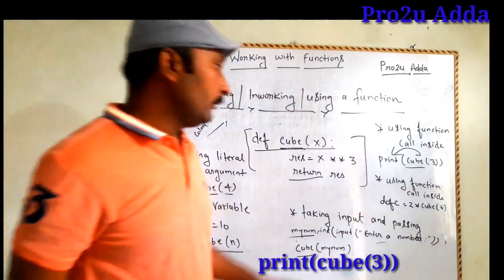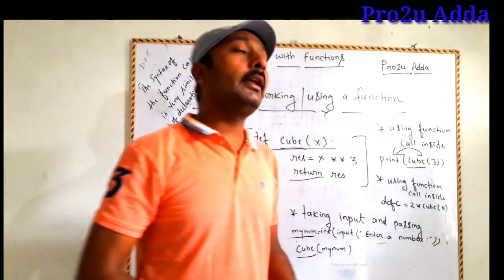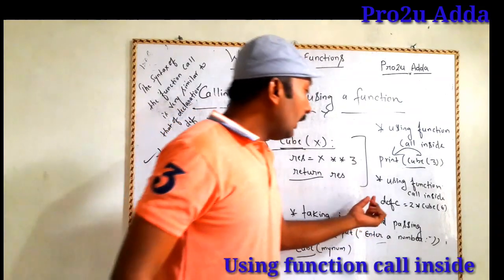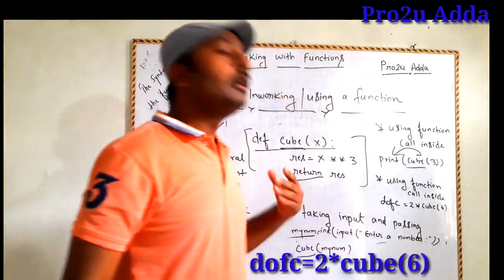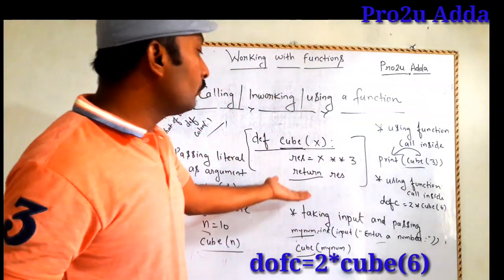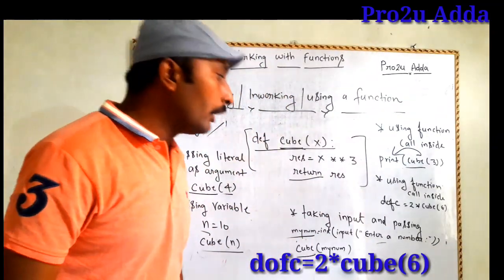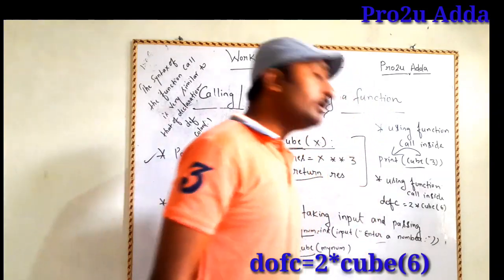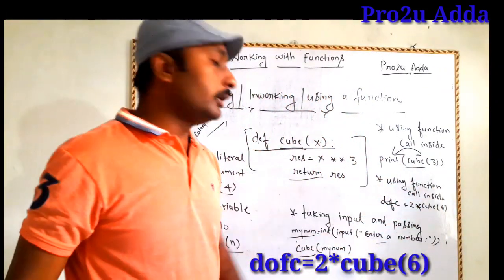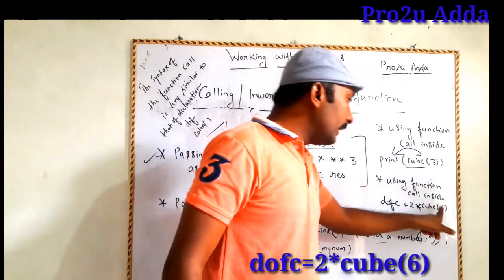Now the last one is using a function call inside another function call. How can we call inside? Here it is also possible. Here I have used d of c, meaning double of a cube. We are going to do one thing, that is double of a cube. Cube is what? Already we have used, cube is a function. Now 2 is the value here, and then I have used the asterisk sign, and the cube word. Cube is a function, and the argument is 6.